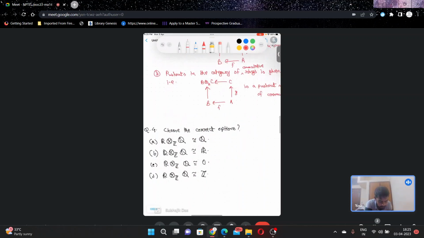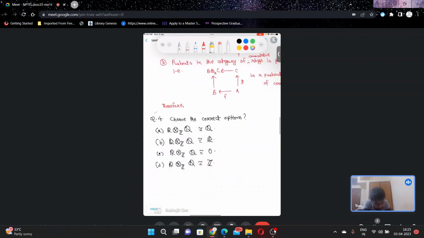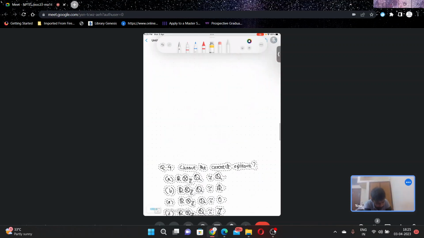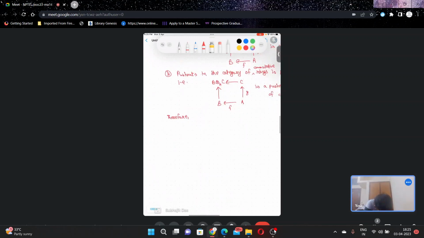Okay, and once you know this, therefore, you have the inclusion of Z into Q. This is an epimorphism, and you have an inclusion of Z into Q. This is again an epimorphism.